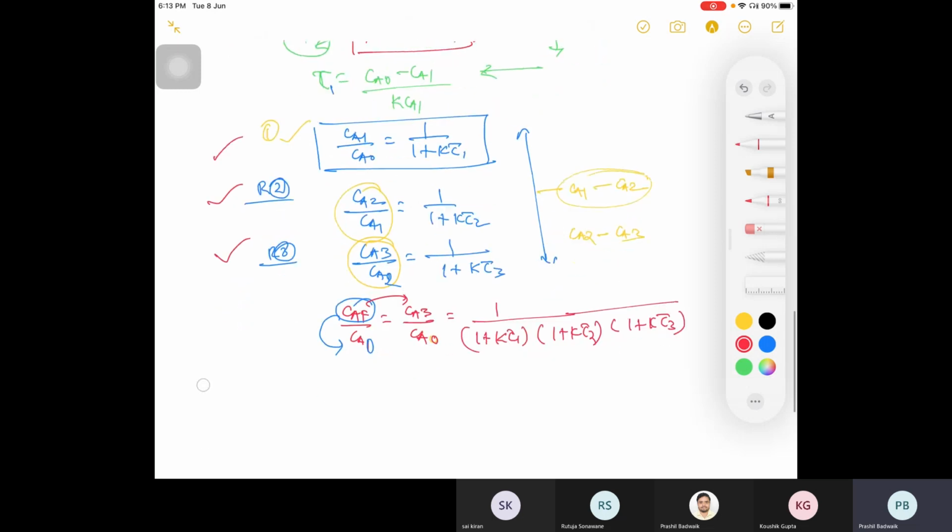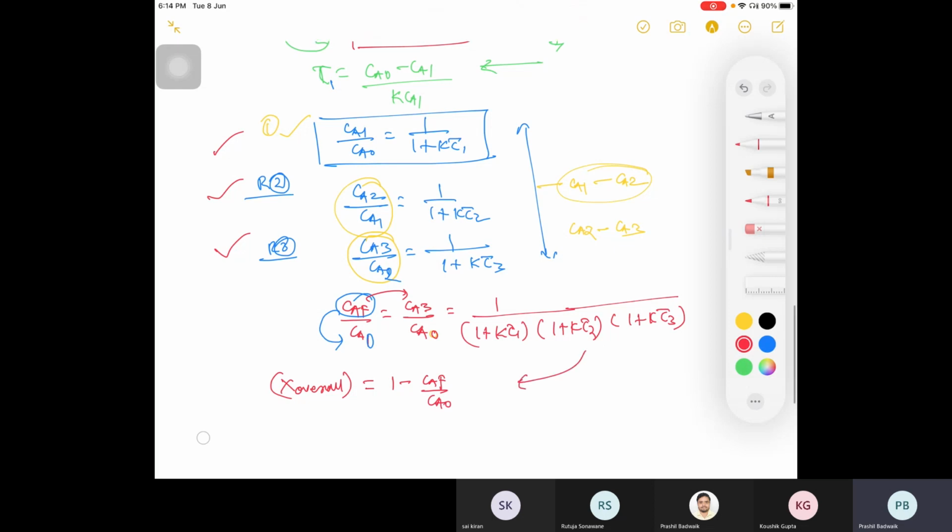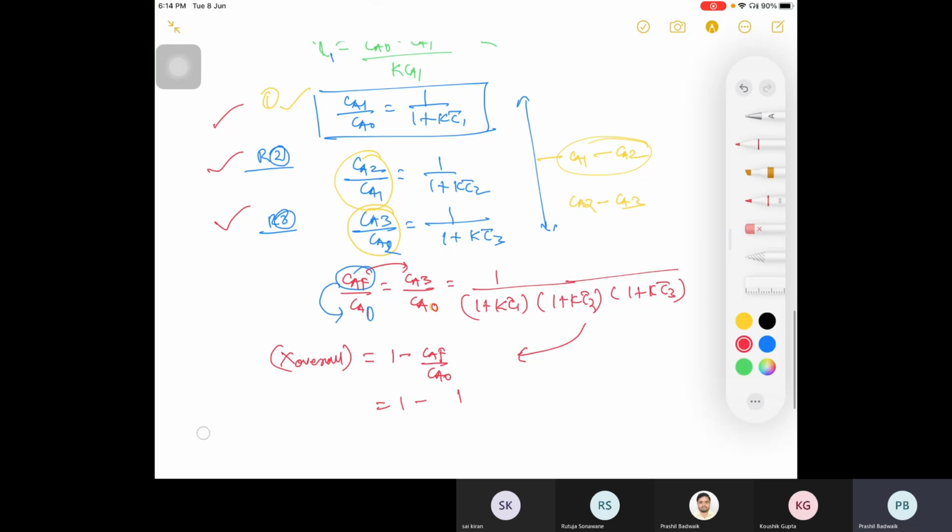This is your equation. And X overall, I am saying overall conversion of this cascade system, will be 1 minus Ca final divided by Ca naught. If you substitute this value here, you will have the equation as 1 upon the first, second and third bracket.